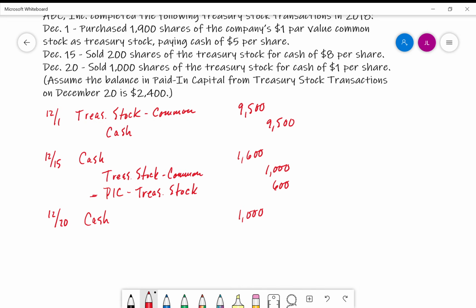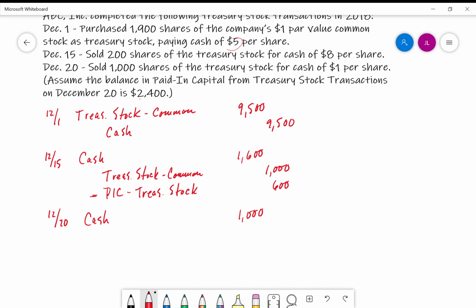So here, since we're selling at a loss, we have to debit our paid-in capital. Now, the difference in price here, buying it for $5 per share versus selling it for $1 per share, is essentially a loss of $4 per share. And that would mean we would want to debit our paid-in capital for $4,000.